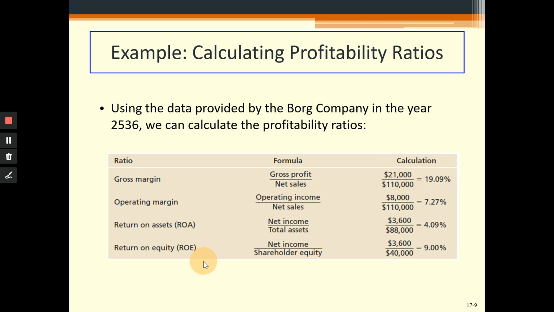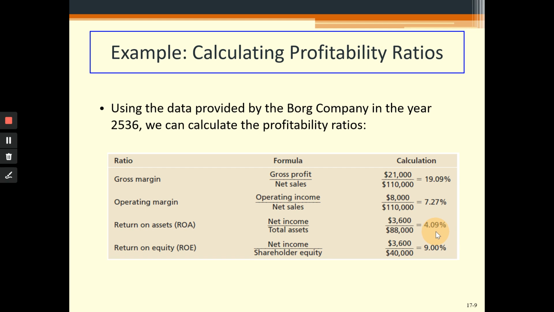So what is the return on assets? 3,600 divided by 88,000, 4.09%, and return on equity, because the shareholder equity is 40,000, is 9%. This is very important: if the company does not have debt at all, then return on assets and return on equity are the same, because they do not have debt in their capital structure.